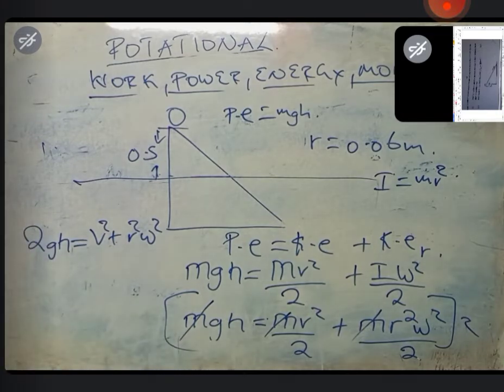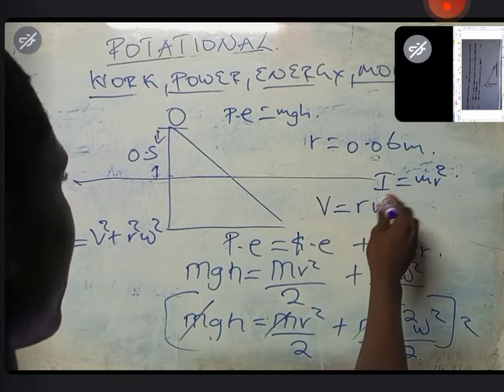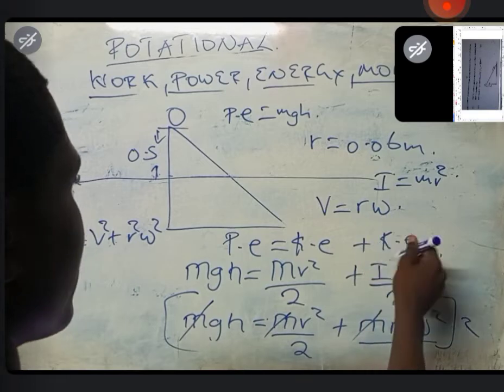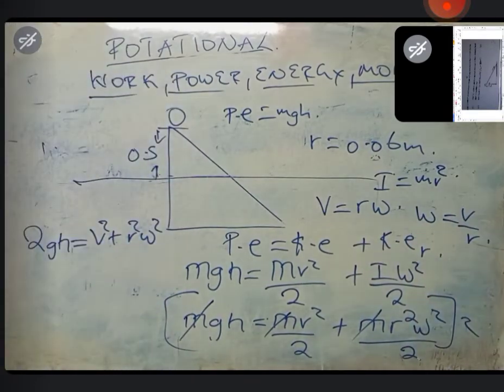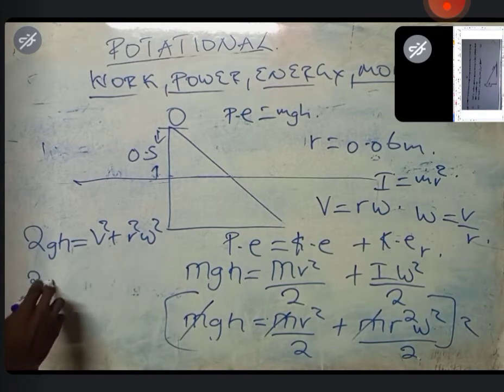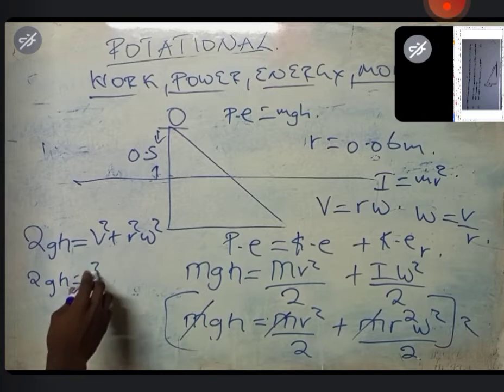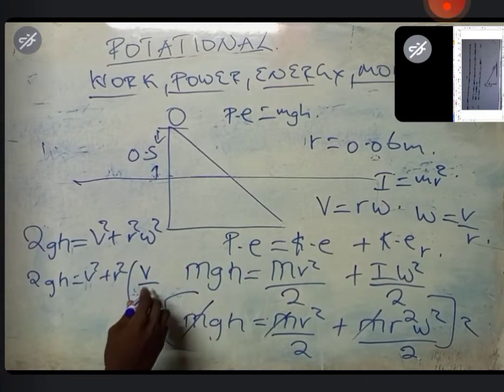We know that linear speed, or velocity, is equal to radius multiplied by omega. If you make omega the subject, it is v over what? The radius. Where there is omega, it will be v over r.